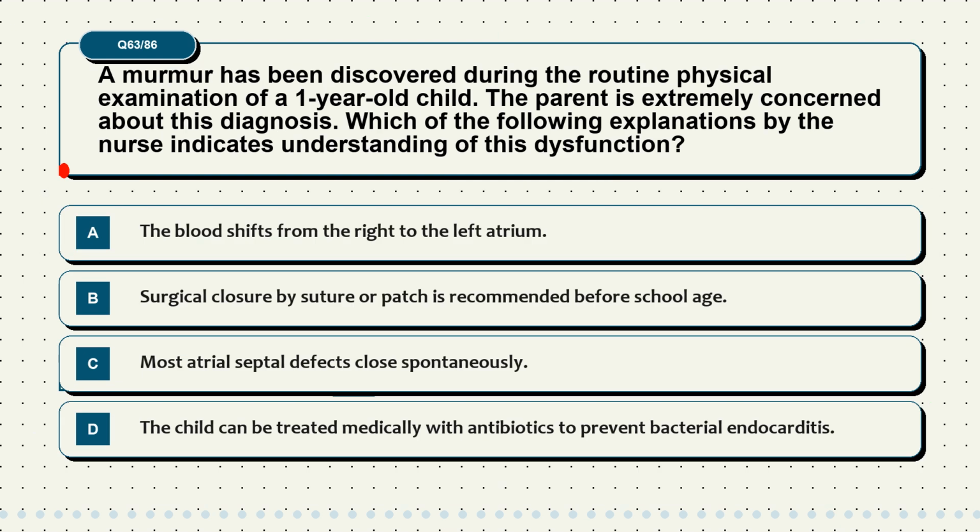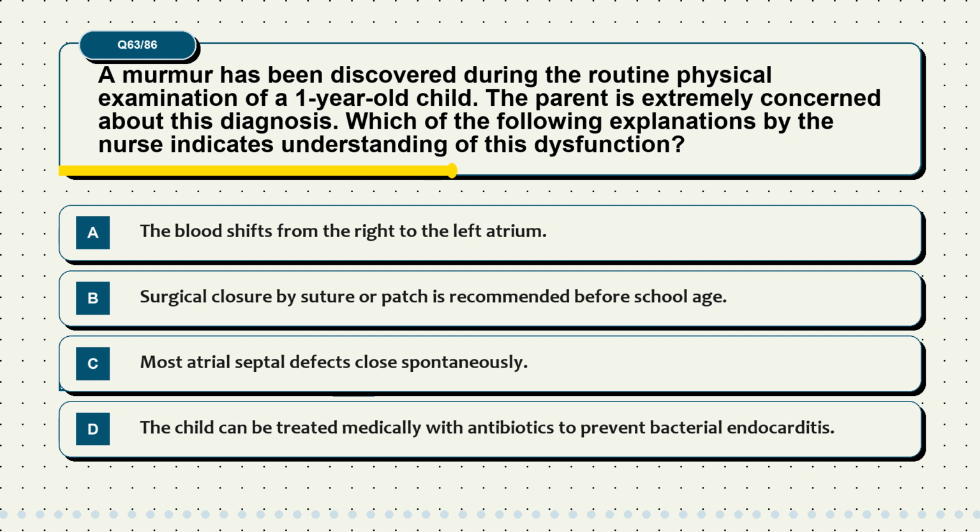Question 63. A murmur has been discovered during the routine physical examination of a 1-year-old child. The parent is extremely concerned about this diagnosis. Which of the following explanations by the nurse indicates understanding of this dysfunction? Here are the options.